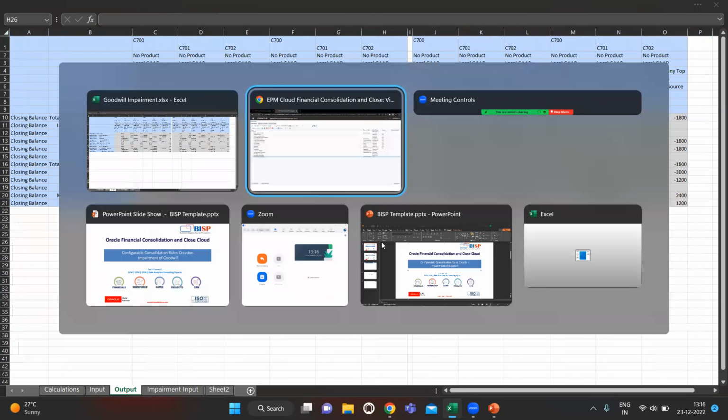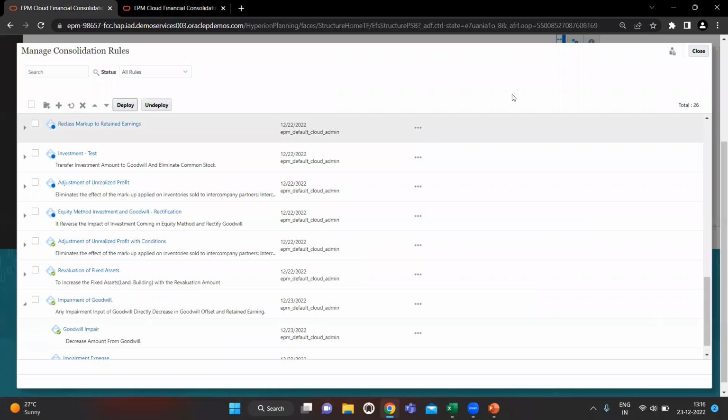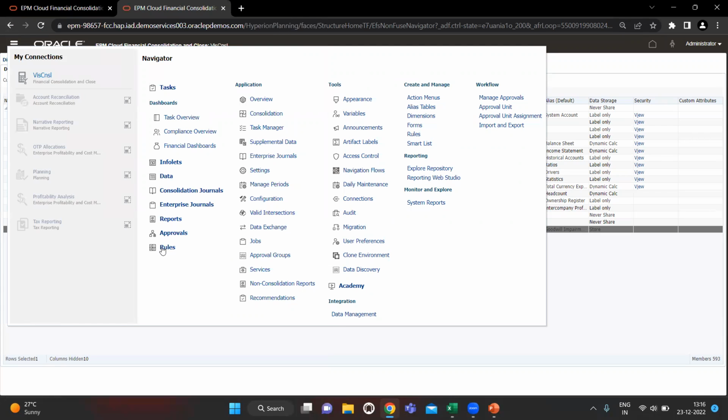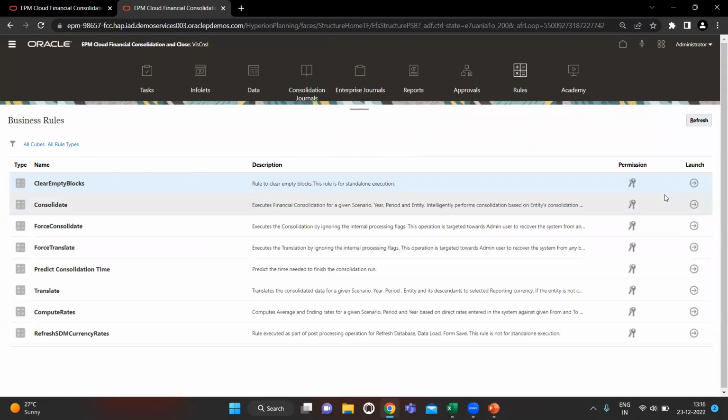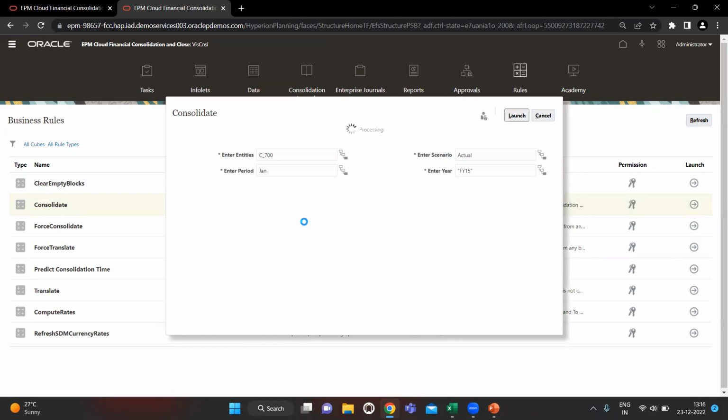Okay, so again we go to our application, go to rules, go to consolidate. You can also run the rule from the data status. Let's launch.